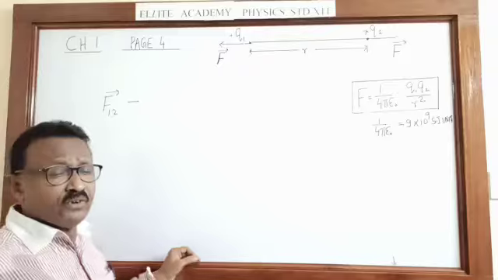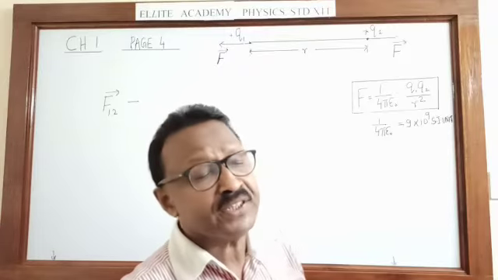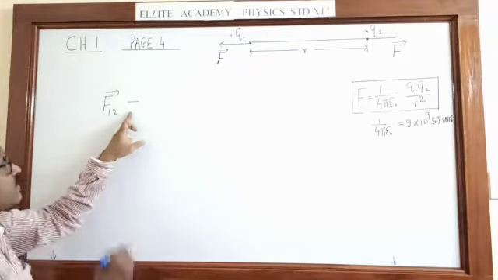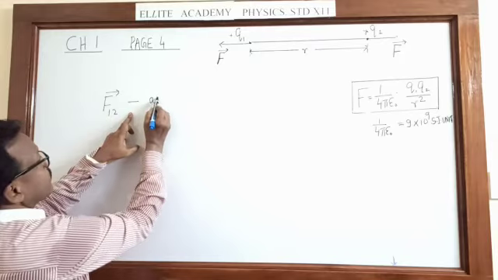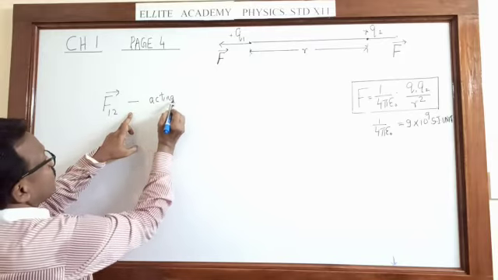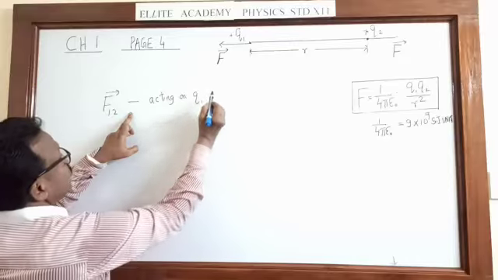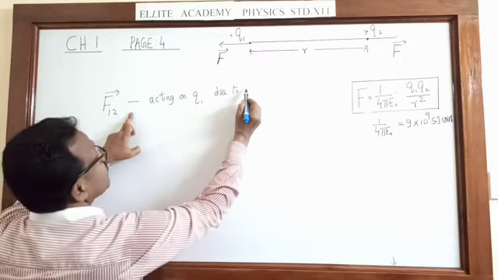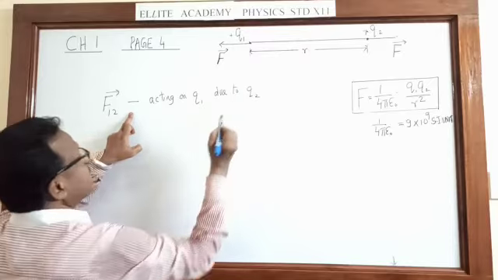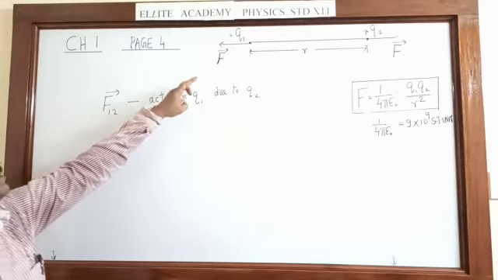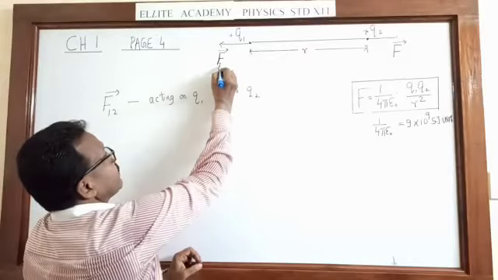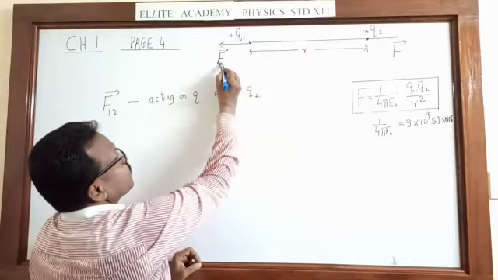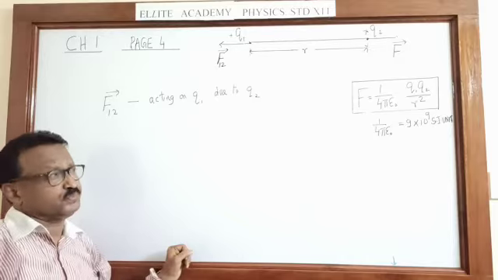Can we say what F12 vector stands for? It is the force acting on Q1 due to charge Q2. Is it sensible? Force acting on the charge Q1, F1, because of the charge Q2, I write as F12.